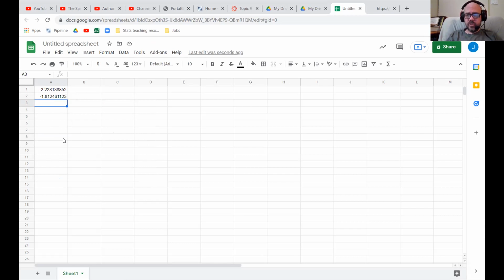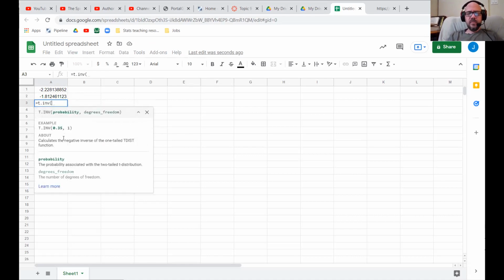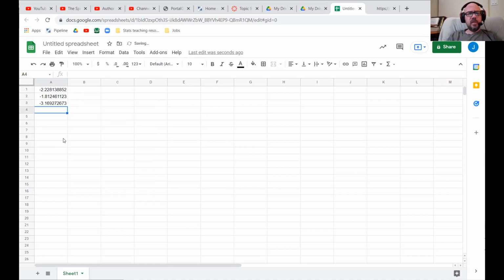If I want to do 99%, I'm going to do 0.5% on that side, because remember there's 1% divided into two pieces, so that leaves us 0.5%. So it's t dot inverse of 0.005, so that's 0.5% with 10 degrees of freedom. It tells me I need to go 3.17 standard errors on either side.